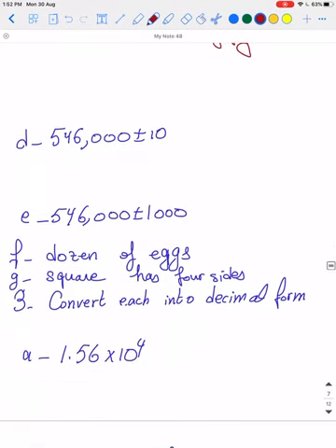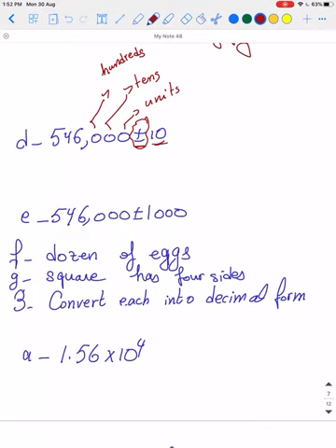As you see here in this number, there is an uncertainty of plus or minus 10. As you see, this number has uncertainty to the tens place. You know, this is the units place, this is the tens place, and this is the hundreds place, and so on.